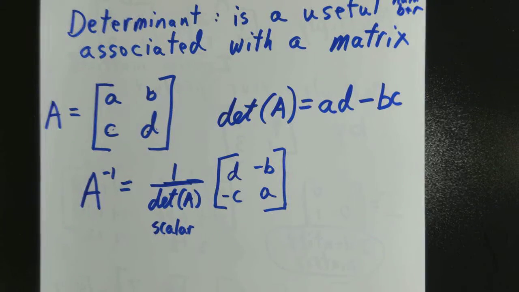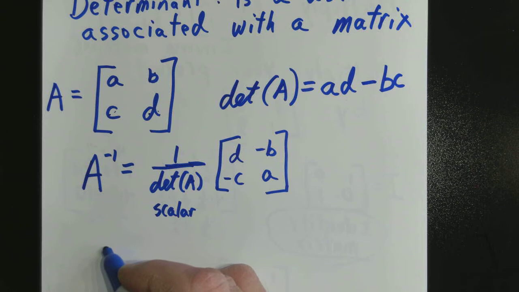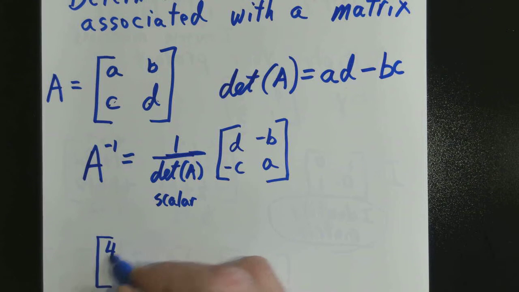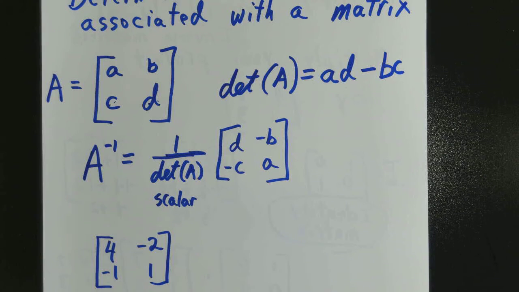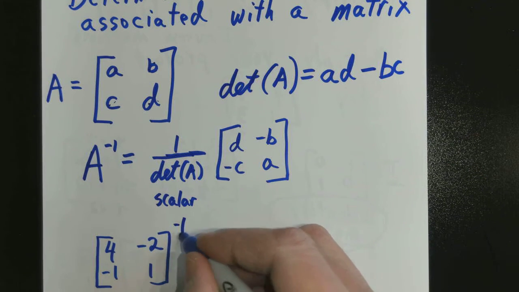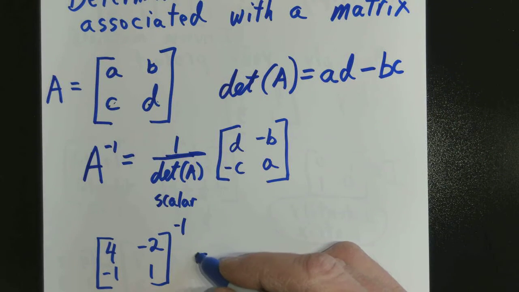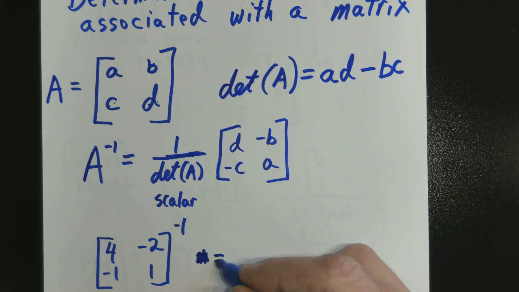Now, if you recall, our original matrix that we had was 4, -2, -1, and 1. Is that the very first matrix we looked at in our examples? Okay, I'm going to put this -1 power here because I want to find the inverse of it. Now, I'll put the equals here.